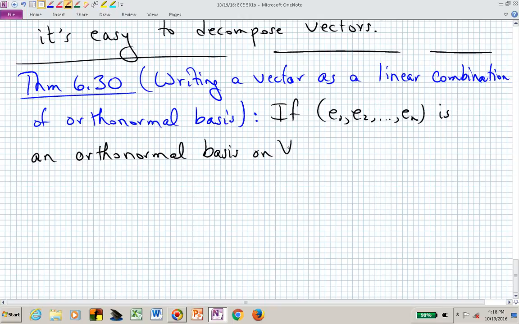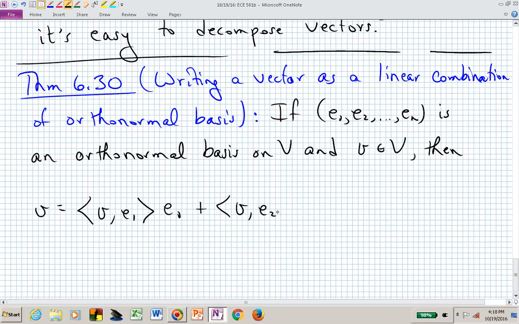on our vector space V, and we take a vector v that's in that vector space, then we can rewrite v as v inner product with e1, scaling e1, plus the vector v inner product with e2, scaling e2, etc. down to v inner product with e sub n, scaling e sub n.